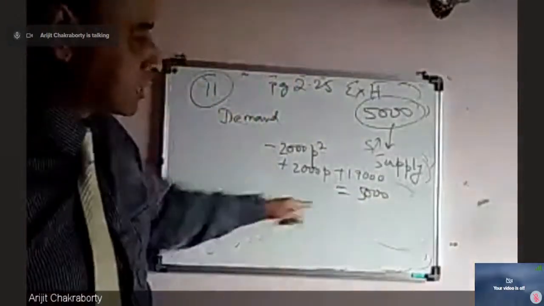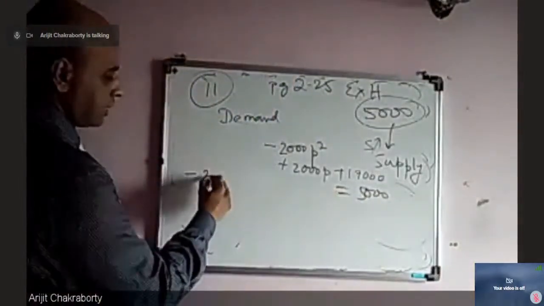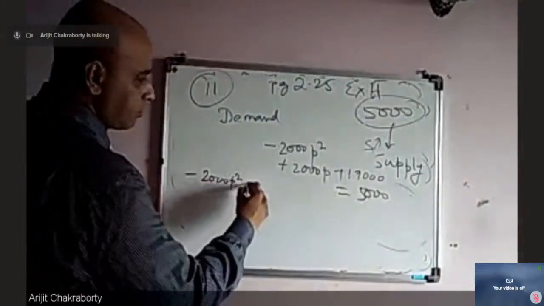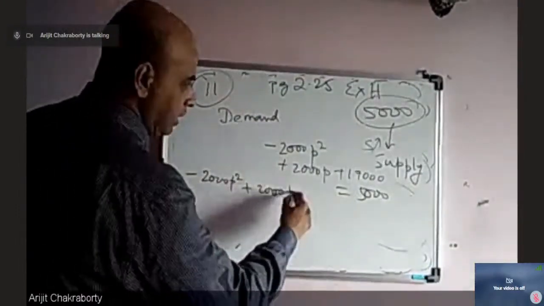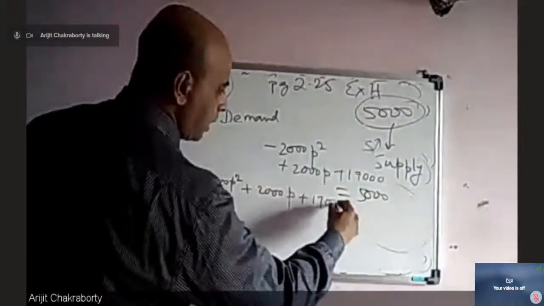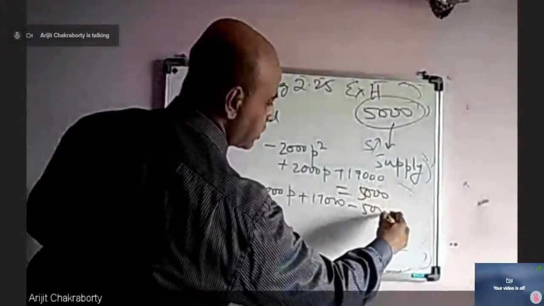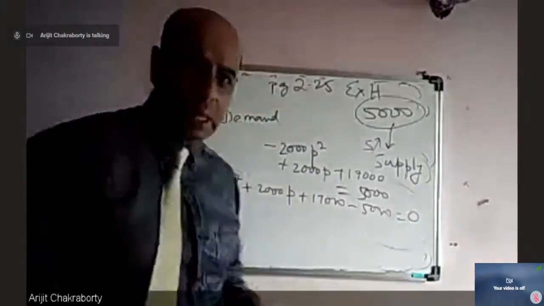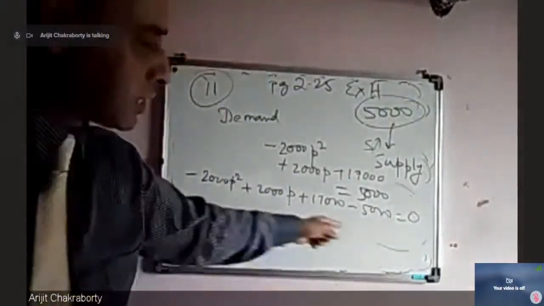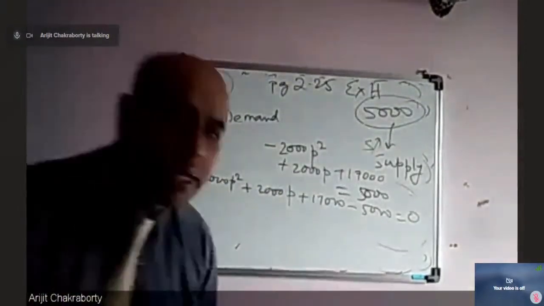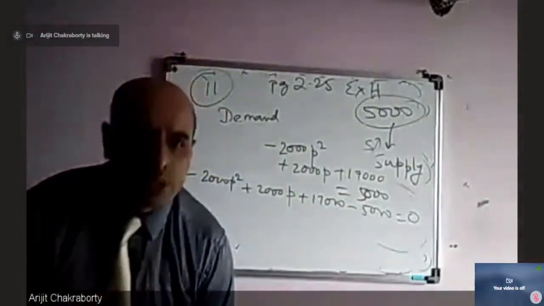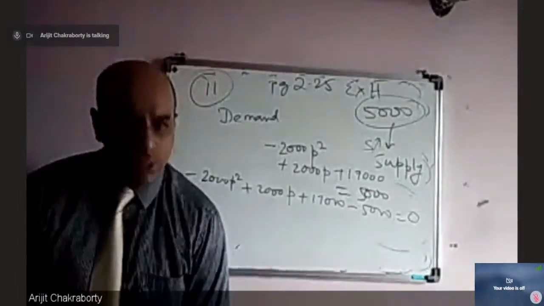Now let us simplify. So we have minus 2000 P square plus 2000 P plus 17,000 minus 5,000 equal to 0. Slowly we are getting this entire expression into a quadratic equation, step by step.